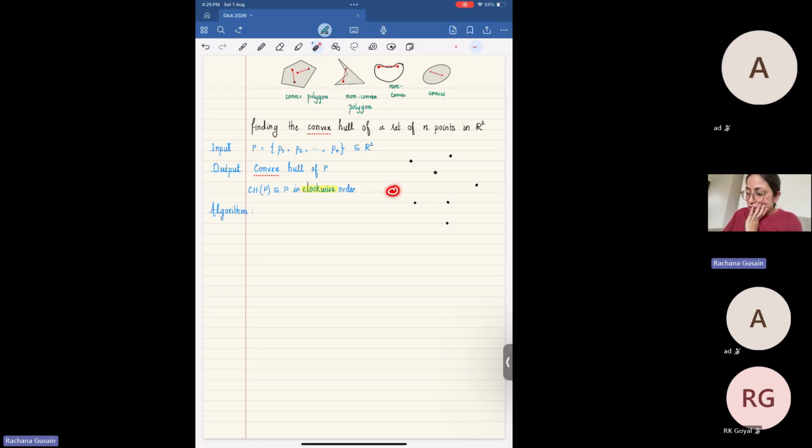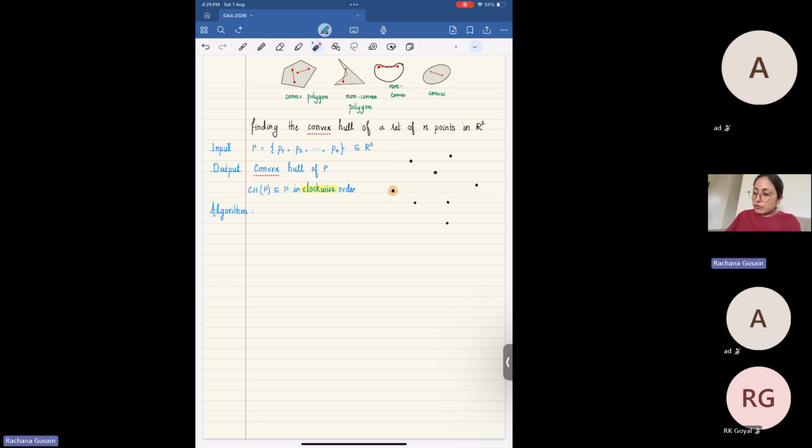Assume that you are standing at this point, facing all the points. Since you are standing here and facing all the points, you must be able to see all the points, right? Because this is the leftmost point. And now, of all these points, you want to find the point which is rightmost, sorry, which is leftmost.